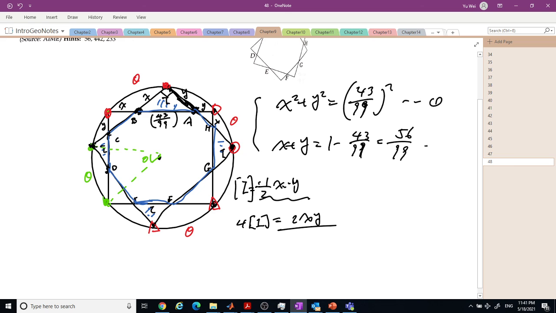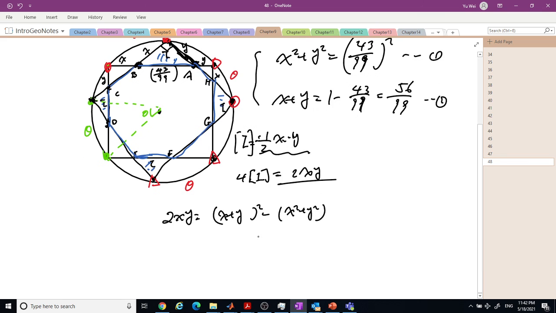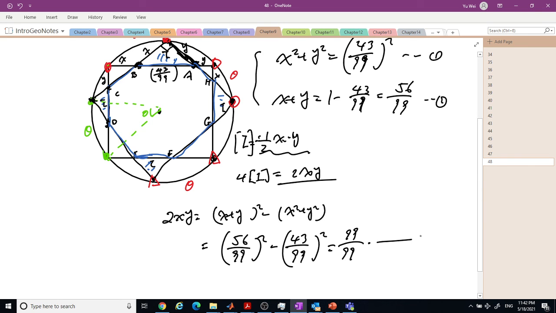We know 2xy is equal to (x plus y) squared minus (x squared plus y squared). So it's equal to 56 over 99 squared minus 43 over 99 squared, which is a difference of squares. It's 99 over 99 times 13 over 99, so it's 13 over 99.